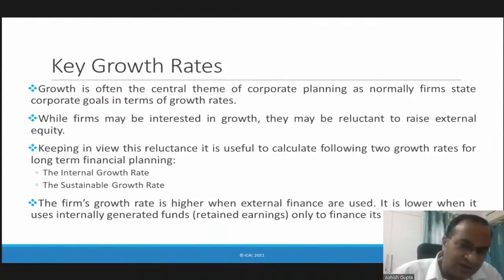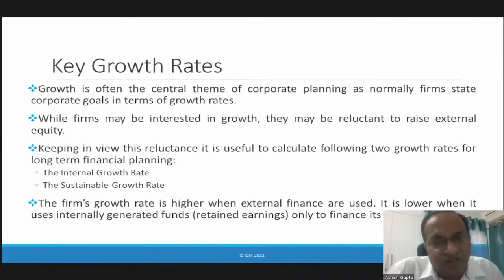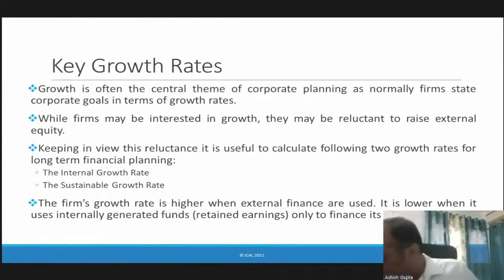So these two growth rates, the internal growth rate and the sustainable growth rate, play a very big role in fundraising, that is, financial goals. The firm's growth rate is higher when external funds are used, and lower when only internally generated funds are used to finance. See what happens.